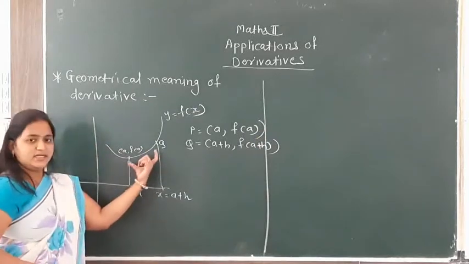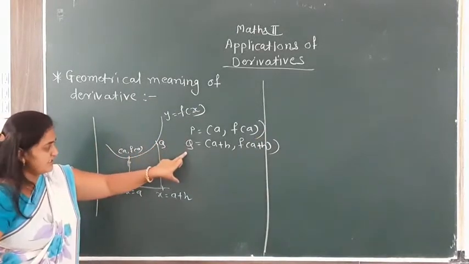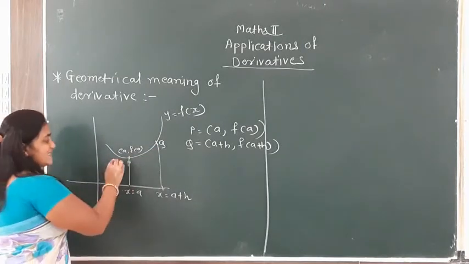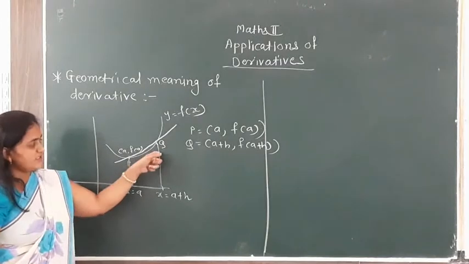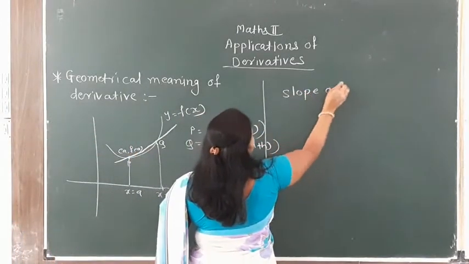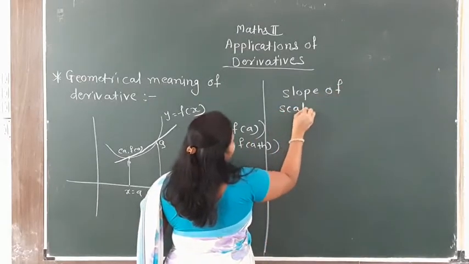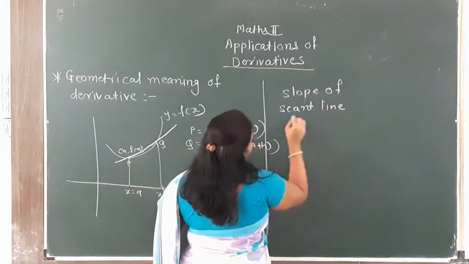So these are the two points on the curve, P and Q, whose coordinates are given. Now I am taking the secant, the slope of the secant PQ.